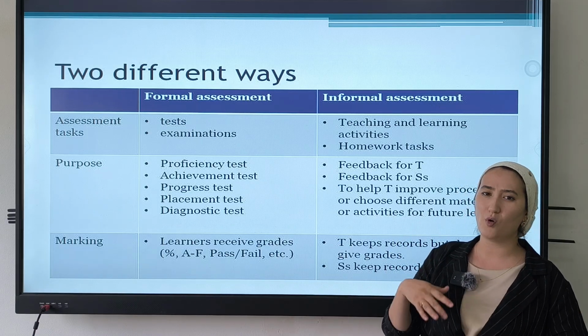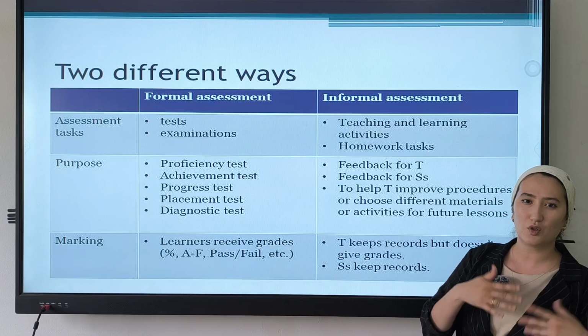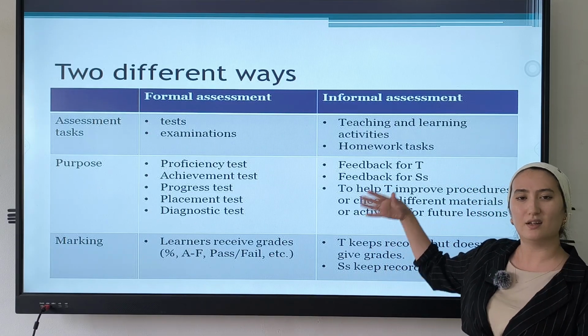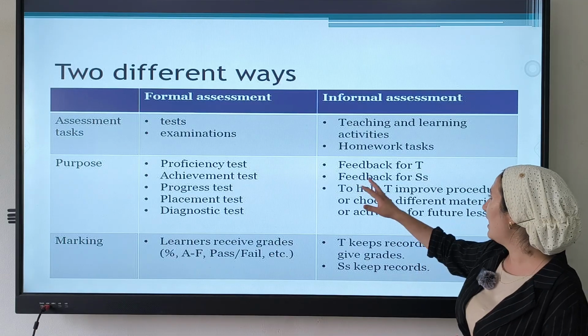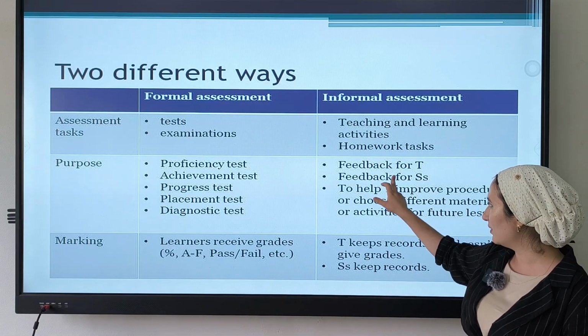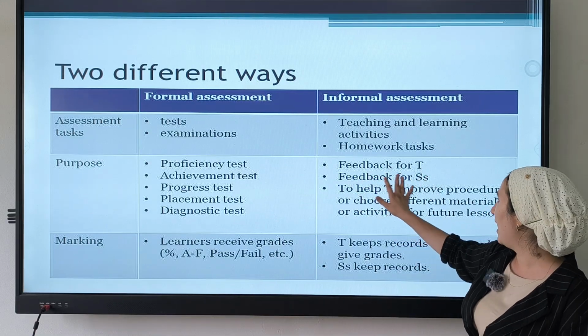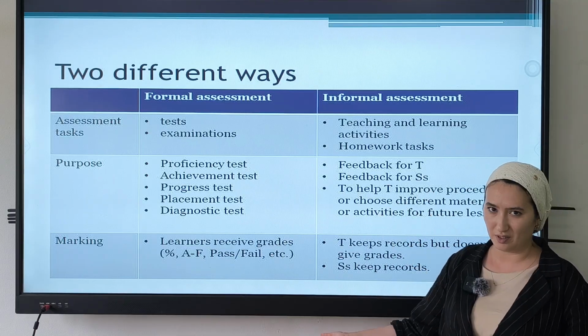And if someone does the task, someone doesn't, in this case, this is informal because you can evaluate them or not. Next one is the purpose: feedback for teachers, feedback for students. You have to give feedback to them. You have to give oral feedback maybe.